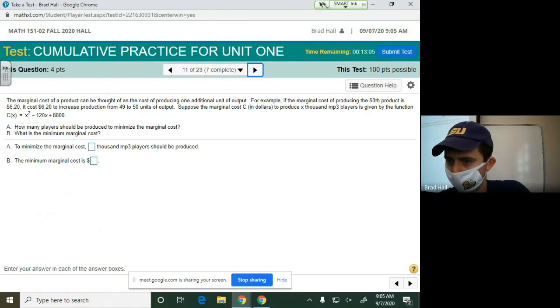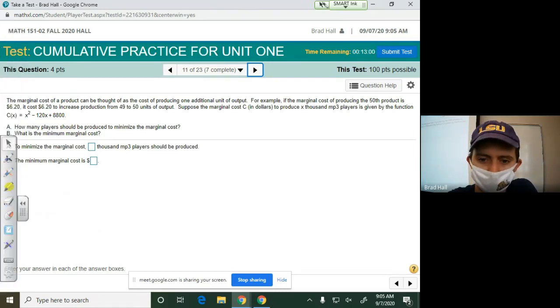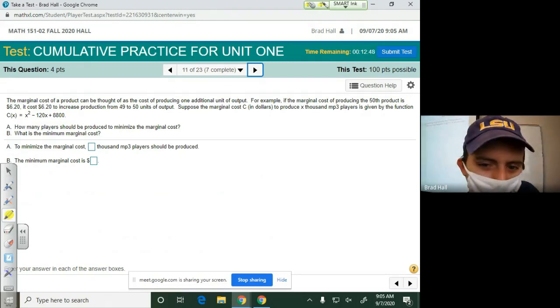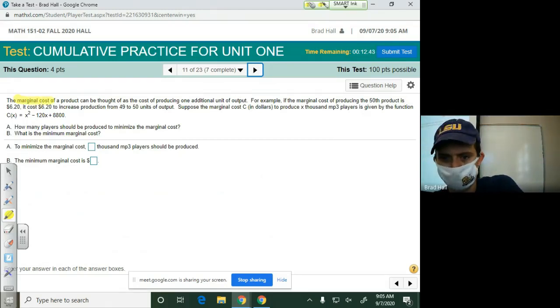So this is a problem I've actually referenced already, it just doesn't seem all too clear why, perhaps. So something about a marginal cost. I don't know, that sounds a little complicated. 50th, something.